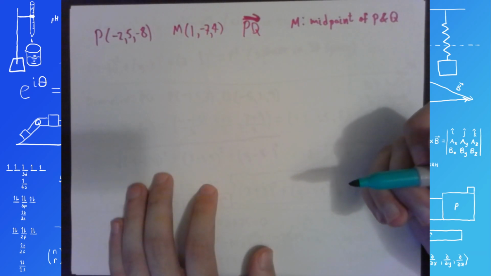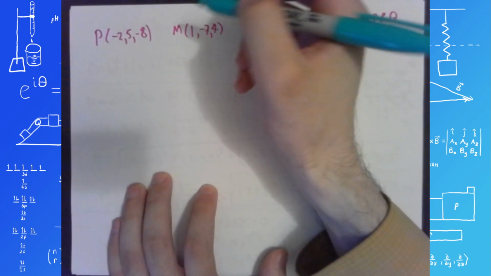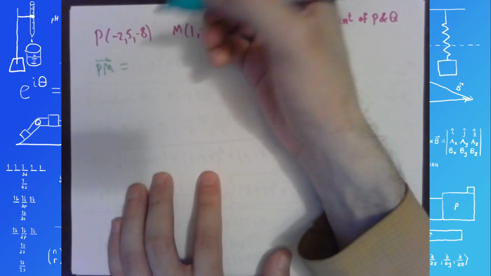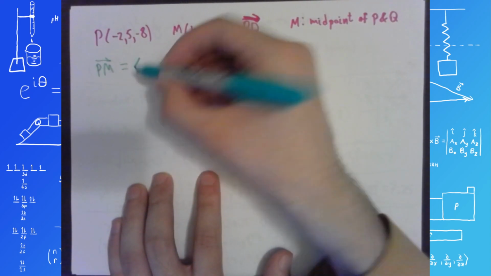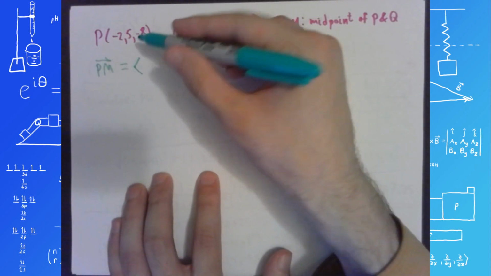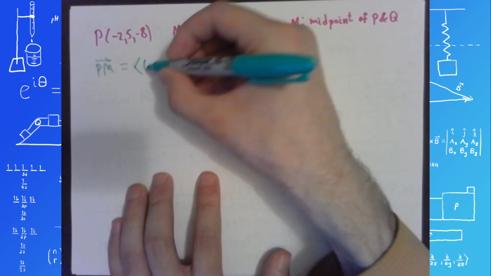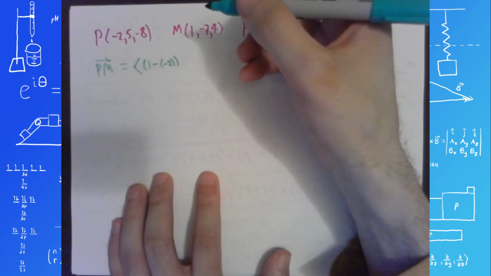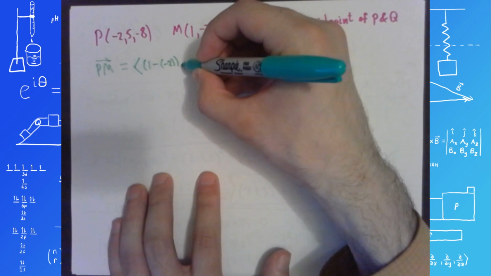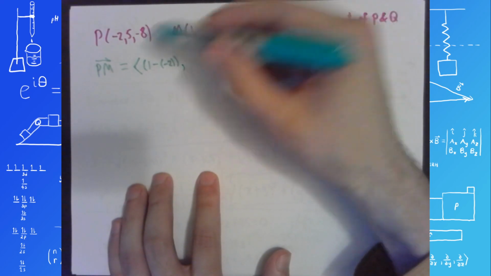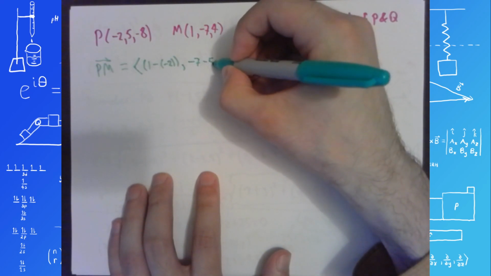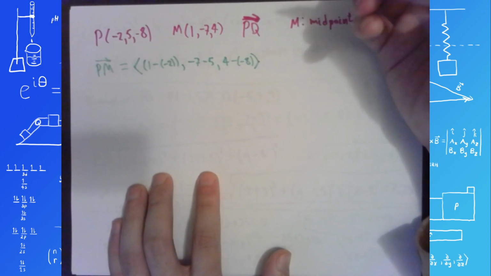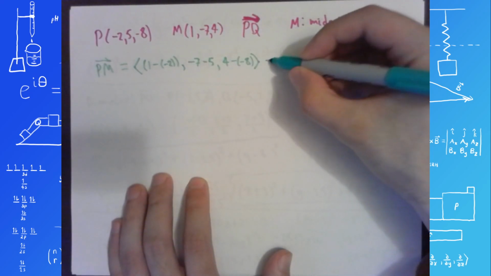So I'm going to first try the one that I consider to be easier, which is find the vector PM, the displacement between P and M. That's just going to be a vector with components terminal minus initial, so 1 minus negative 2, then negative 7 minus 5, and then 4 minus negative 8. 1 minus negative 2 is 3.